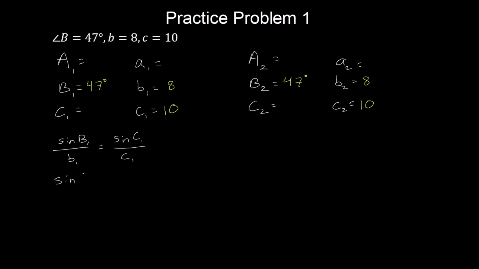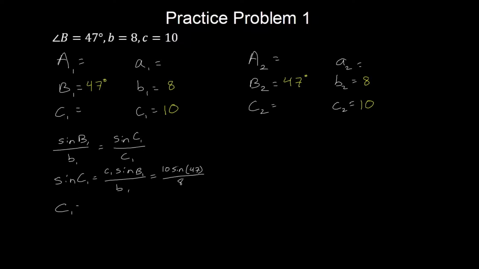Again, I'm going to trust that you have practiced law of sines enough to be able to get these rearranged. Sine of B1 divided by B1. And we're going to plug in our values. So C1 is 10, sine of angle 47 divided by side length 8.